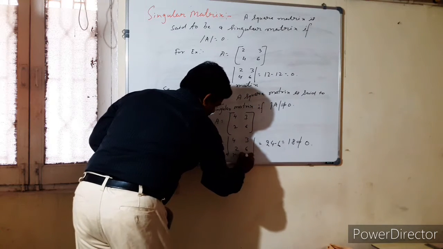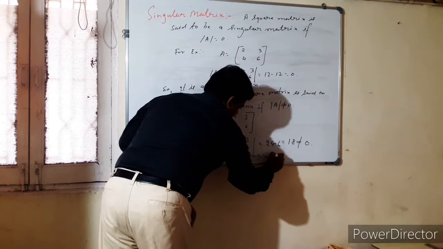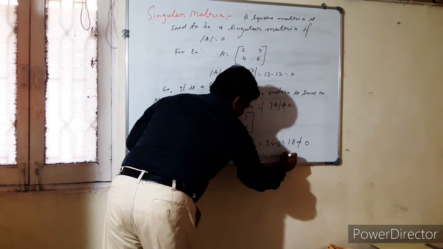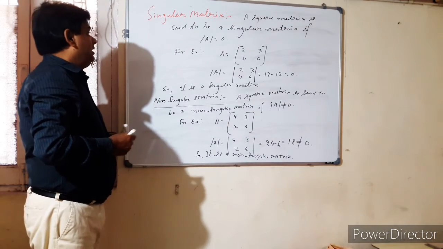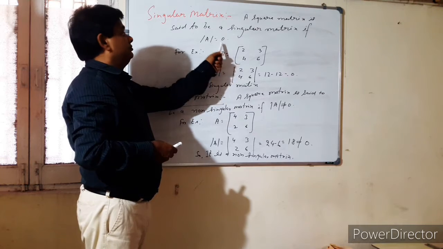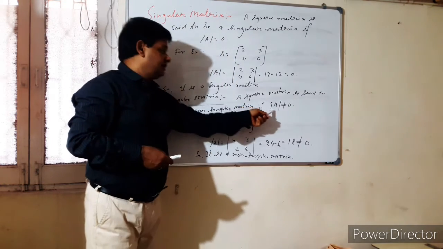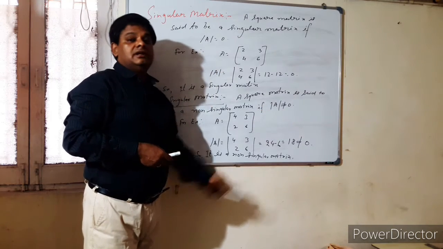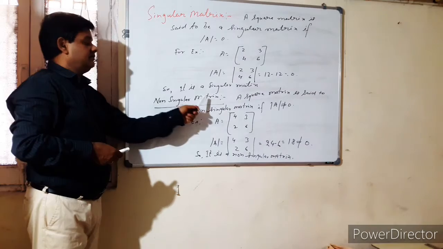So it is a non-singular matrix. So see here, if determinant is equal to 0, then it is called a singular matrix. If determinant is not equal to 0, then it is called a non-singular matrix.